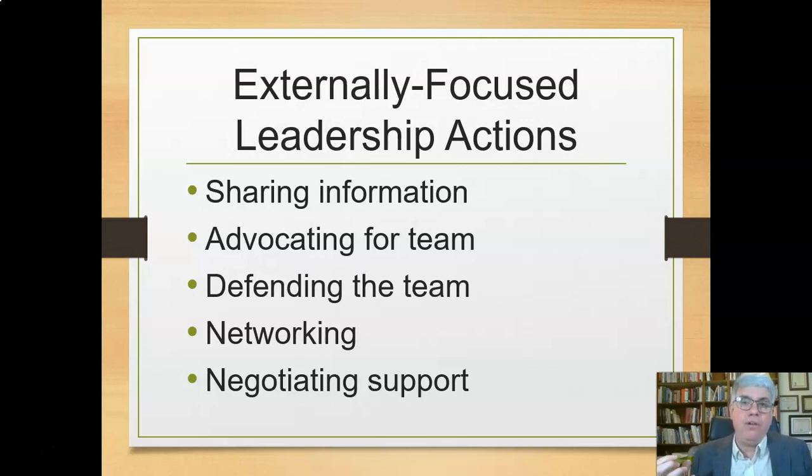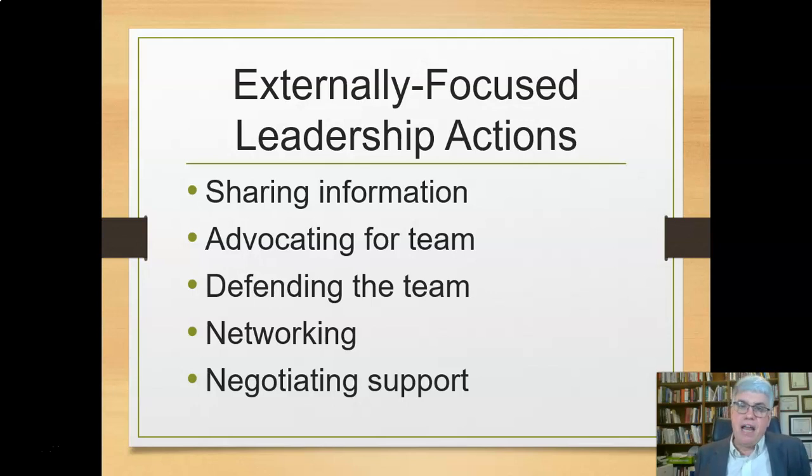You can argue for something, persuade people to give more resources, to provide the funds for another team member, something like that. You can also defend the team. If the team is receiving criticism from the outside, you can explain why the team did what they did and why their decisions were justified. If they were justifiable, you can defend the team.